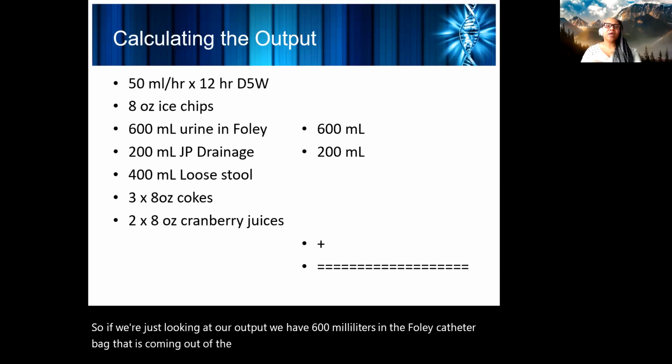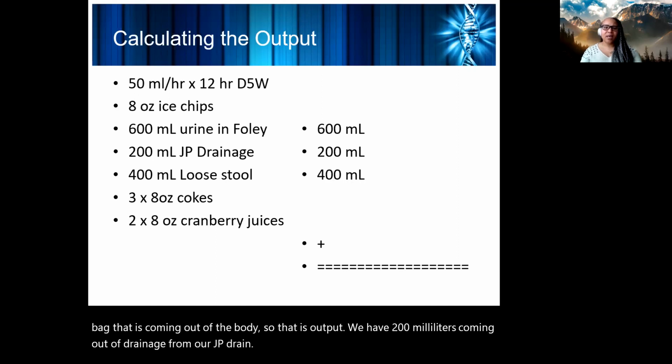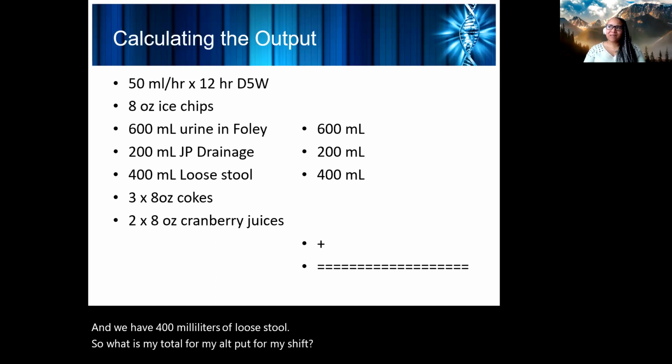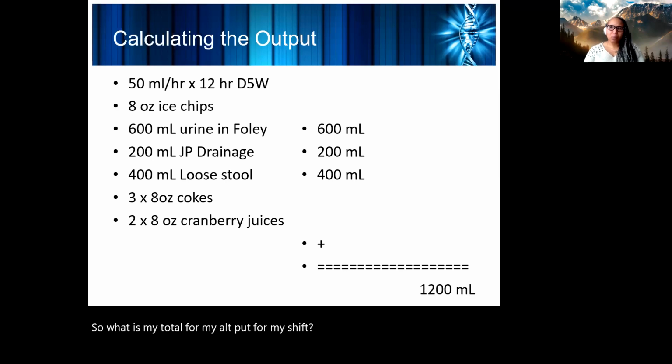So that is output. We have 200 milliliters coming out of drainage from our JP drain. And we have 400 milliliters of loose stool. So what is my total for my output for my shift? Very good, 1,200 milliliters.